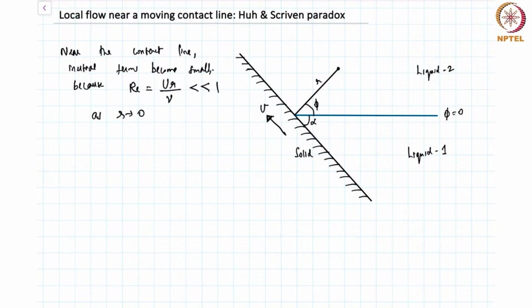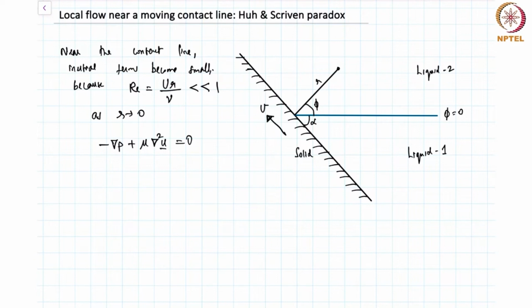Now, once you say that the inertial terms drop out, then the equations are governed by the Stokes equations, and the Stokes equations essentially become minus gradient of P plus mu del square of u equals 0.